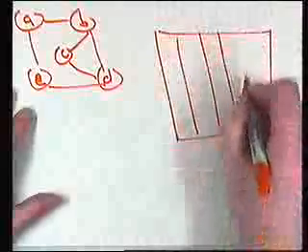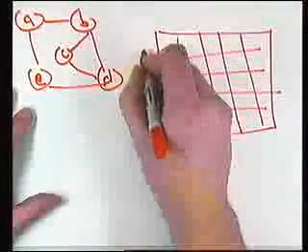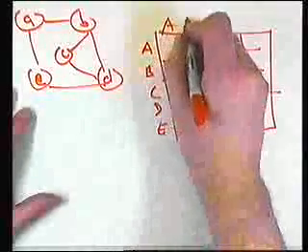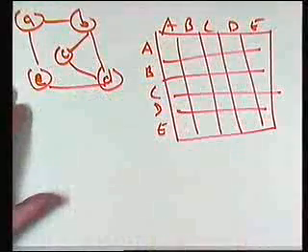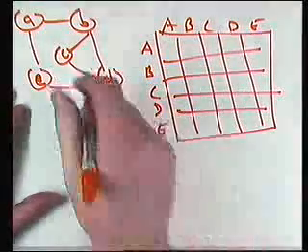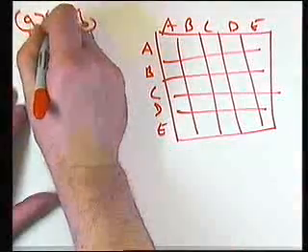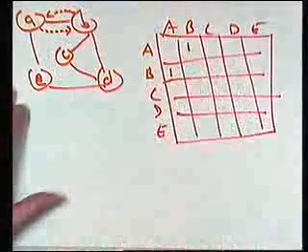Note that if I'm going to draw the information here, I'll have each edge represented twice, because if we're going to deal with an undirected graph, we can think of each undirected edge as being two directed edges, one in each direction. So I'm saying A is connected to B, and also B is connected to A.